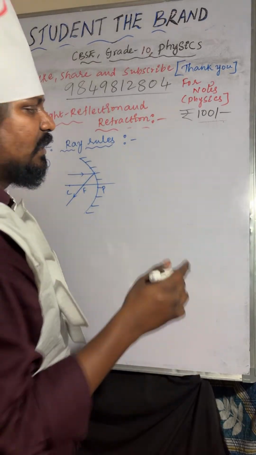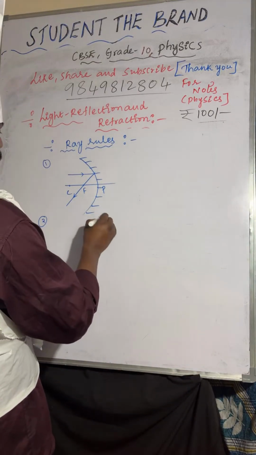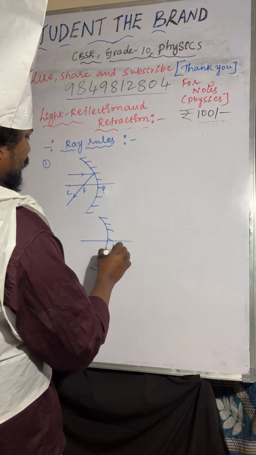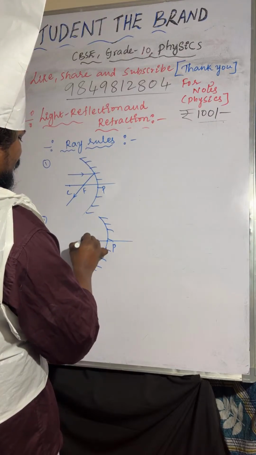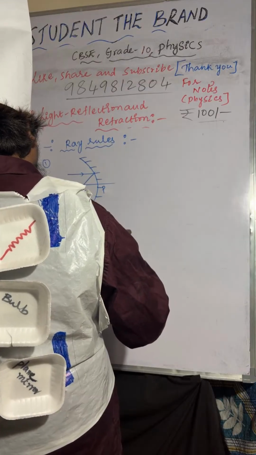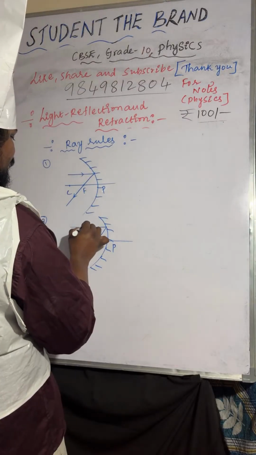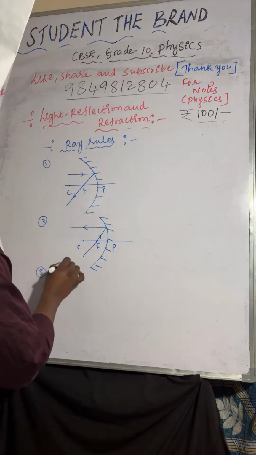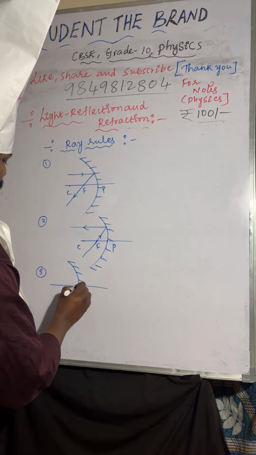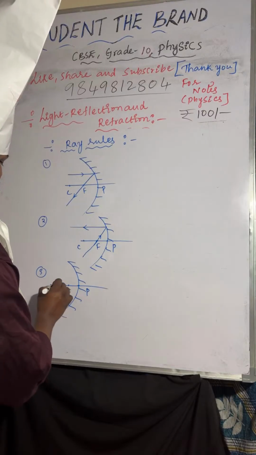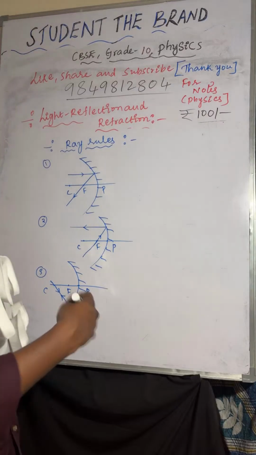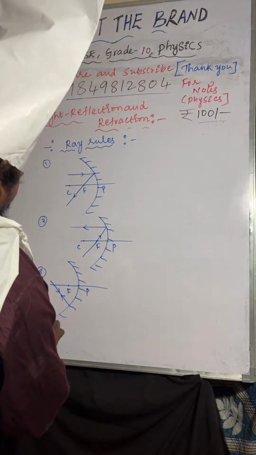Second rule: a light ray passing through the focus moves towards infinity after reflection. Third rule: a light ray passing through the center of curvature retraces its original path after reflection.